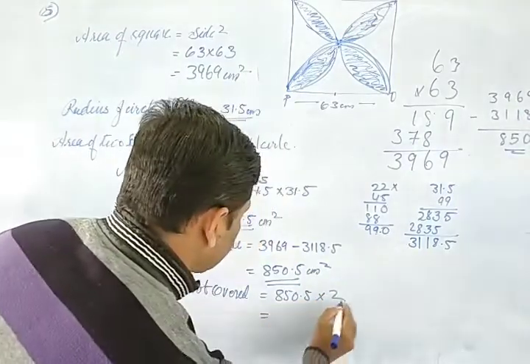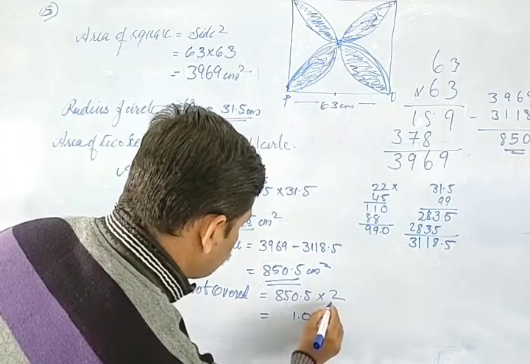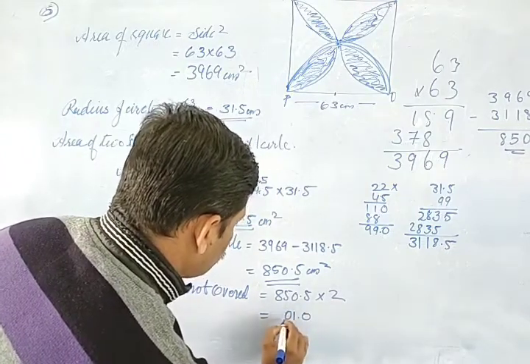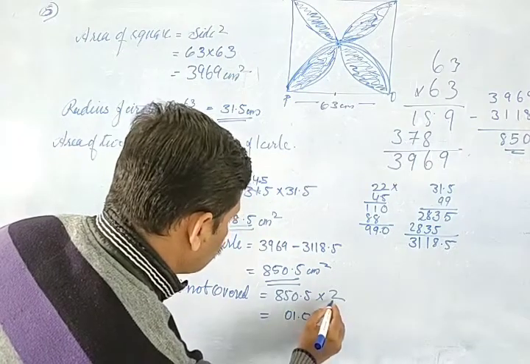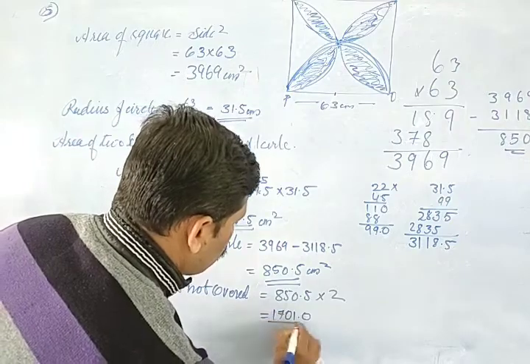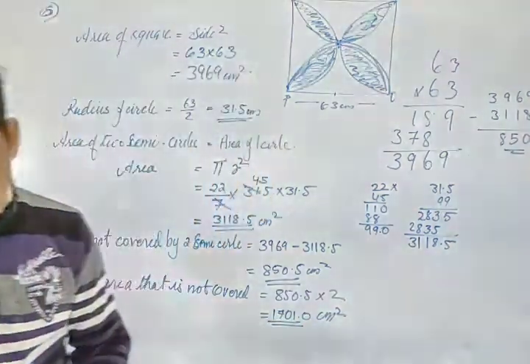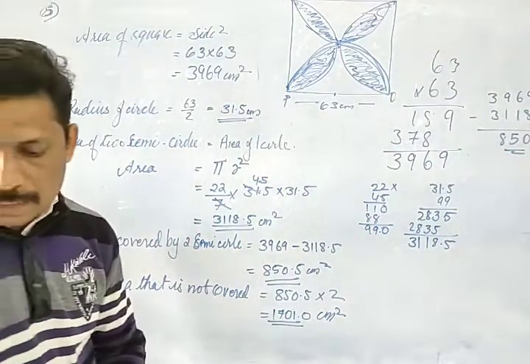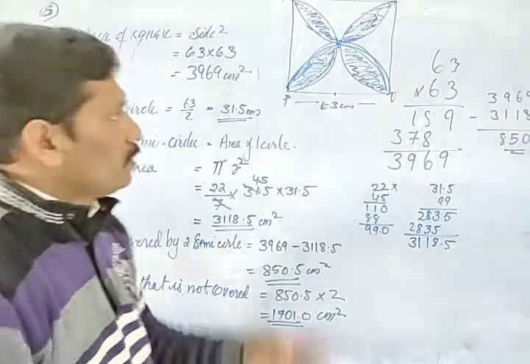Then we get 1701 centimeter square. That's the area not covered by these 4 figures.